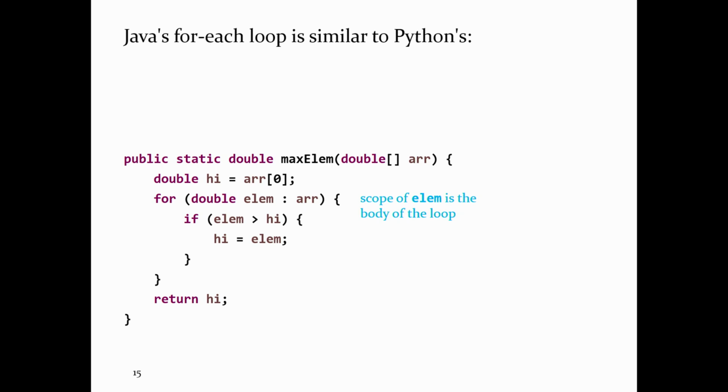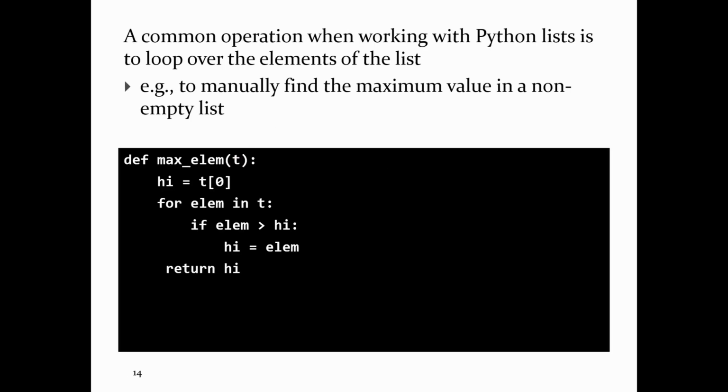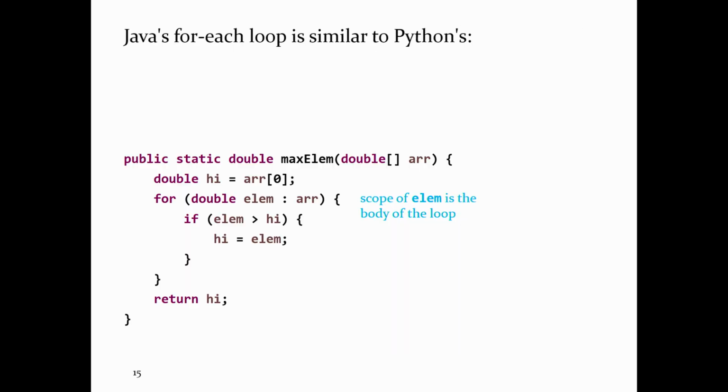Notice the Python here will work with a list of any type, as long as you can do greater than. You can use a list of ints or floats, and this will work just fine in Python. In Java, that's not the case. Here, I can process an array of doubles. If I want to process an array of int, I have to write a separate method to do that.